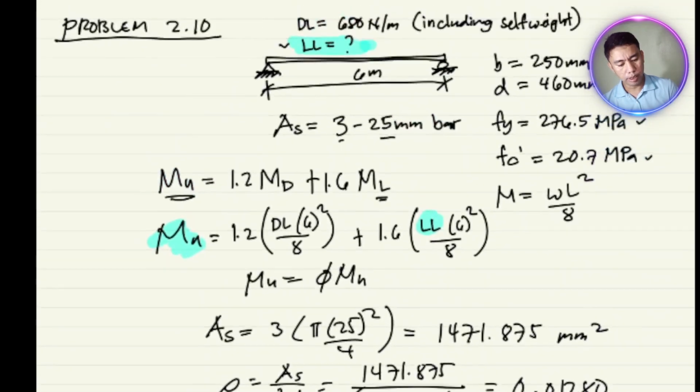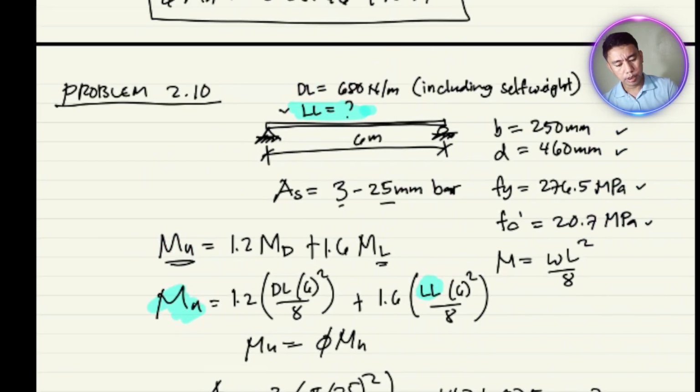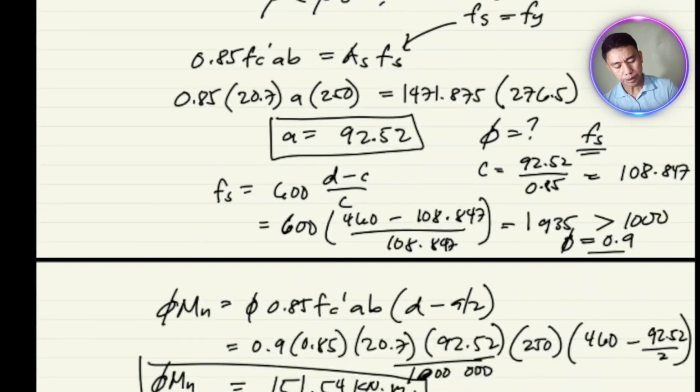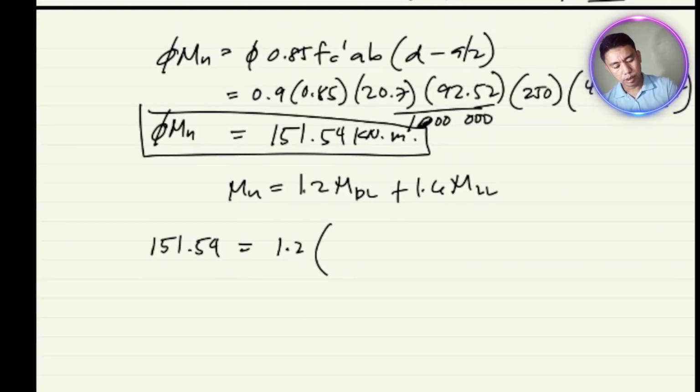Our dead load is 680 newton per meter, so that is 0.68 kilonewton per meter, times 6 squared over 8.